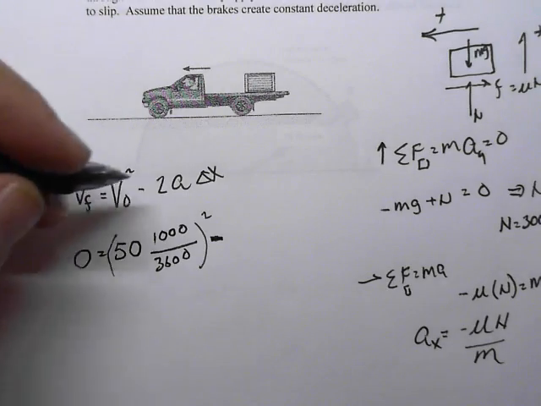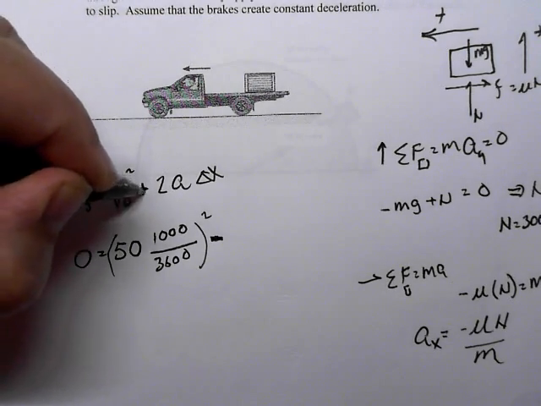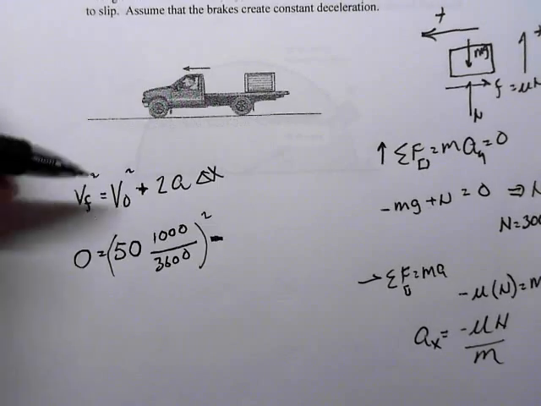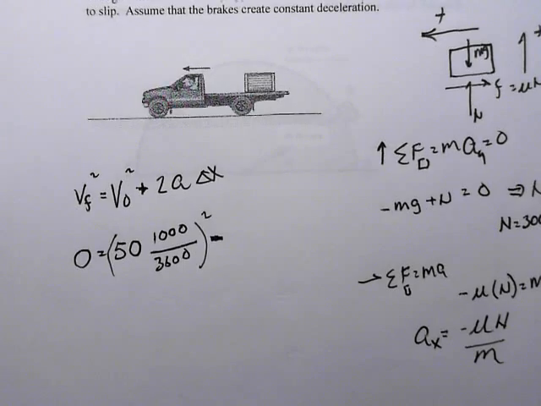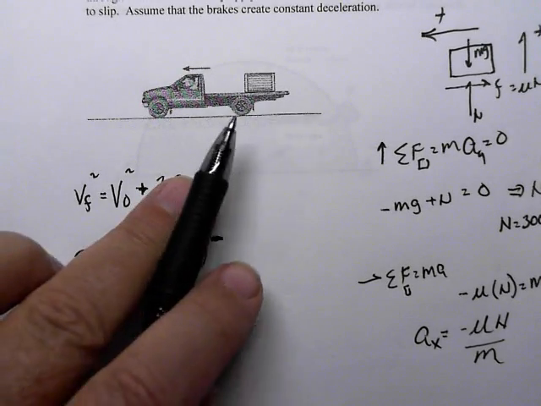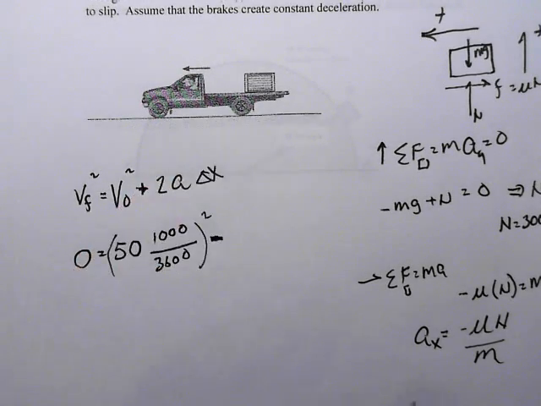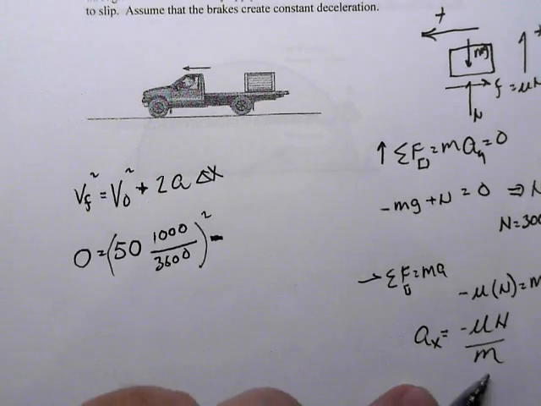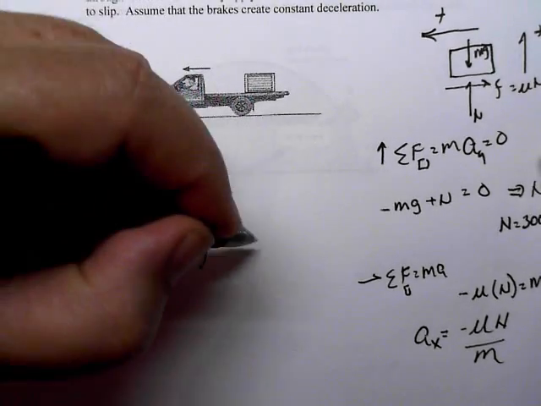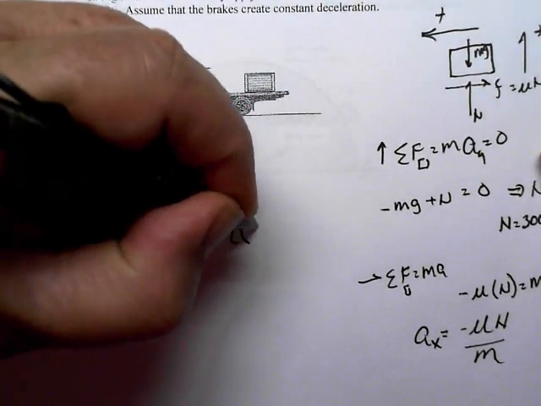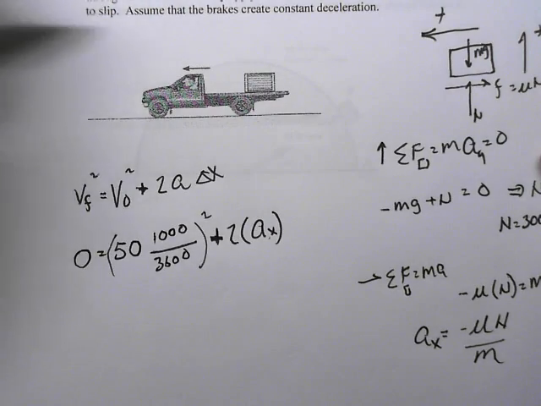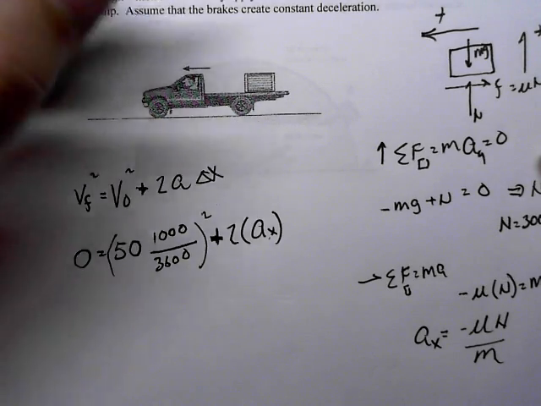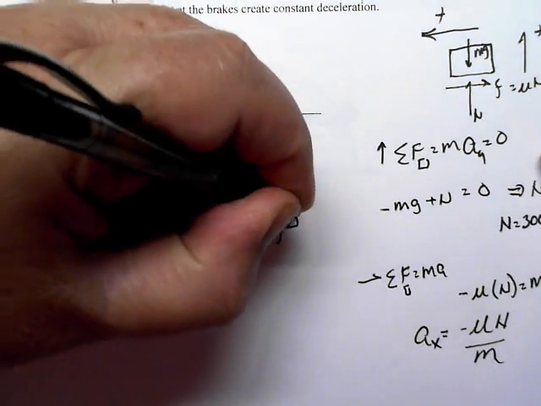I wrote the equation down with a minus sign here. I'm going to put it down generically as a plus sign because that's the equation given to us, but we need to think through the sign. Our acceleration, as given in this diagram, is a negative number, so we're plugging a negative number in here, so we leave that as a plus 2 times a_x, which is negative, times our distance that we can come to a stop, delta x.